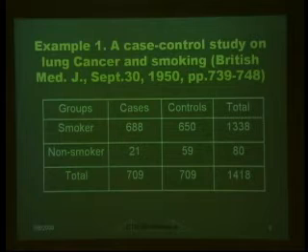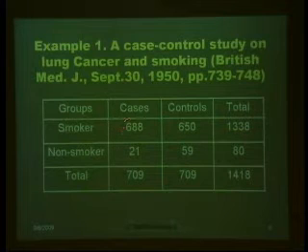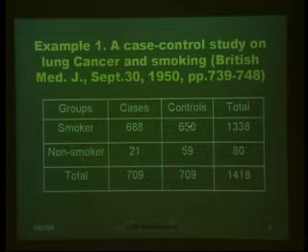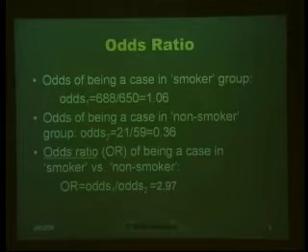Classifying the patients by smoker status, you get a 2x2 table, usually called a 2x2 contingency table. There are 688 smokers who also got lung cancer, 650 who didn't, and for the non-smokers, 21 cases and 59 controls.